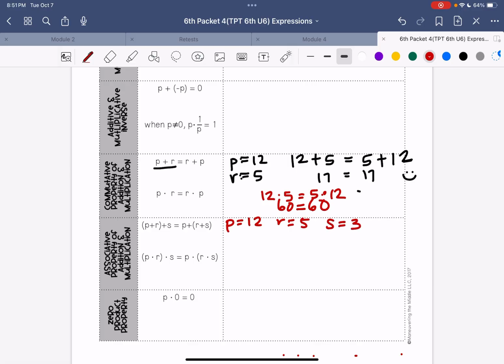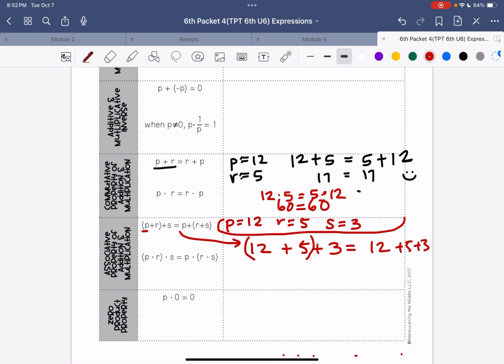Okay, and this property, associative property of addition, means that if I had p plus r plus s, and if I wanted to think about doing the 12 plus the 5 first and then add the 3 last, I'm supposed to get the same answer as if I thought about this problem as doing the 5 plus the 3 first and then adding the 12 last.